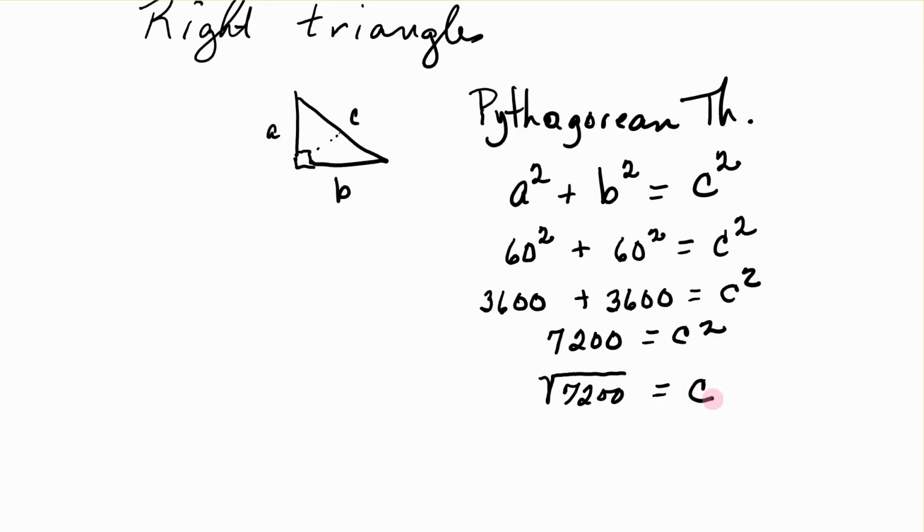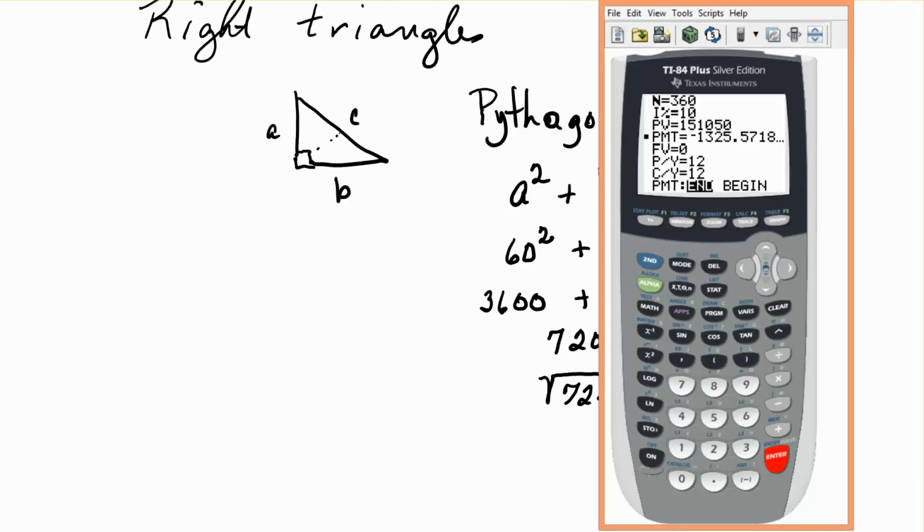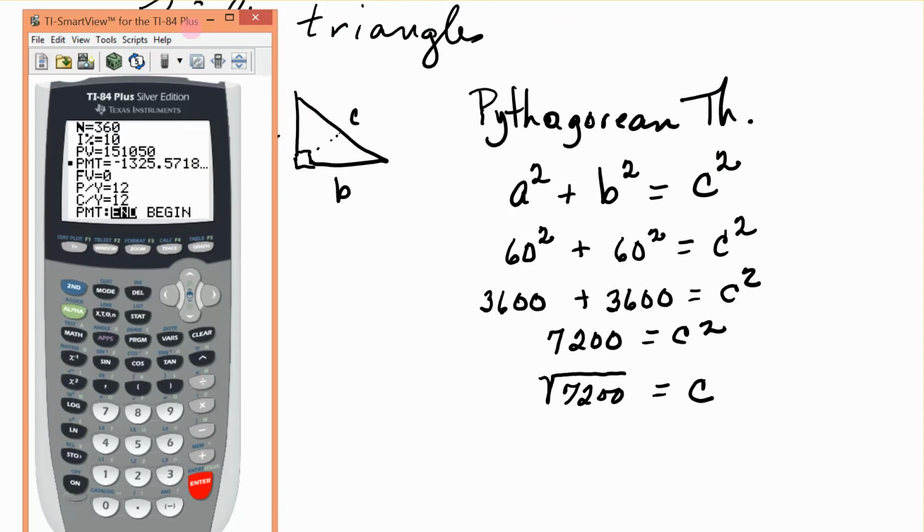Now we're going to use our calculator to do that. Clear it off. On the TI series, you're going to use the square root, which is the second function of x squared, so second.